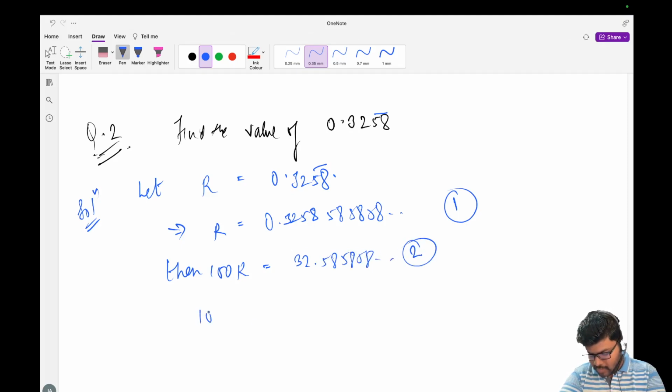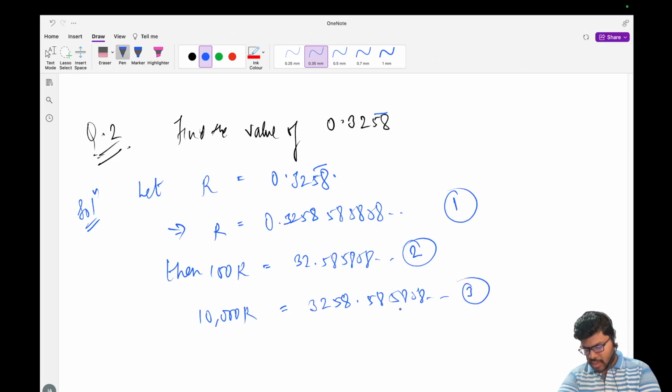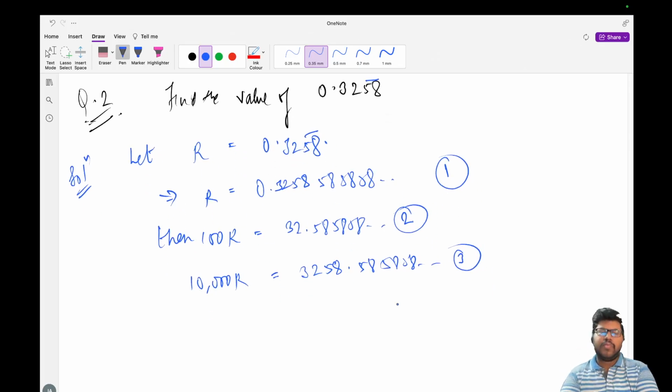And 10,000R is equal to 33258.585858 and so on. Third equation, right? So देखो ये मेथड वही मेथड है which we have learned in the class 9th number system, right?